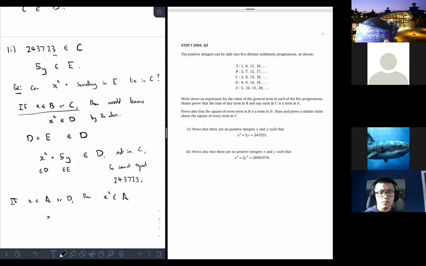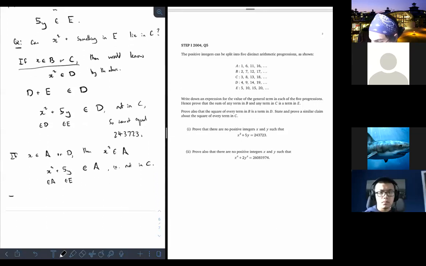And in this case, x squared plus 5y is something in A plus something in E, and it turns out this is in A again, i.e. not in C. So if x is in A, B, C, or D, we cannot have x squared plus 5y equaling this number.